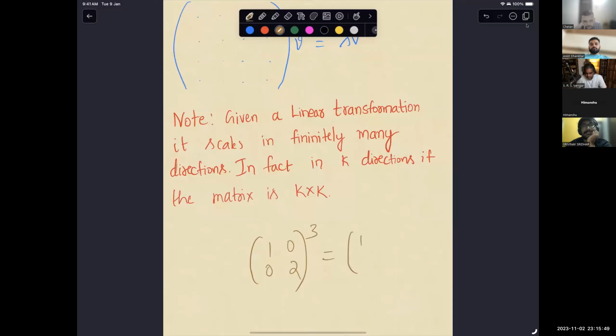Whenever a matrix is diagonal, it's a simple observation. You just raise the power on the diagonals. This is not always true for any matrix. If that were not 0, you cannot simply raise everything to the power of 3. If you had 10 here, you cannot do 10 cube. You can only do this if it's a diagonal matrix, right?